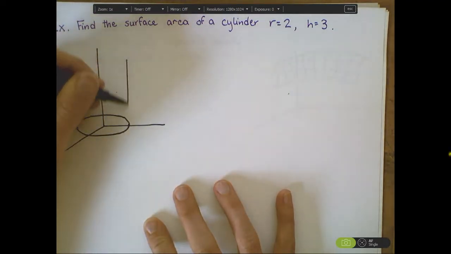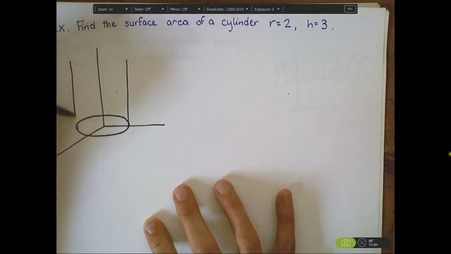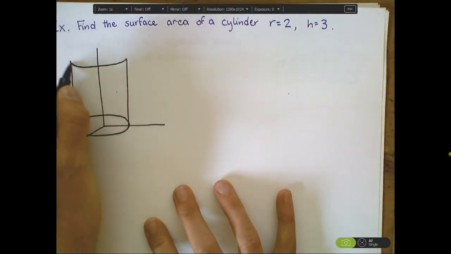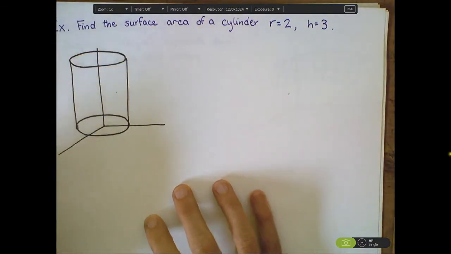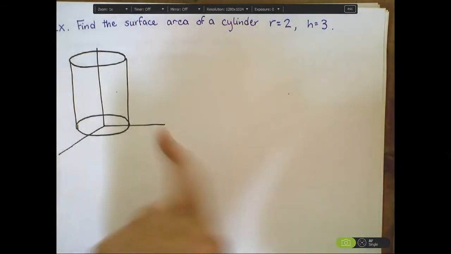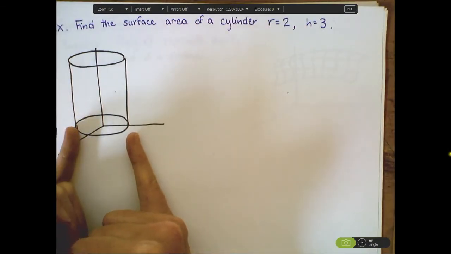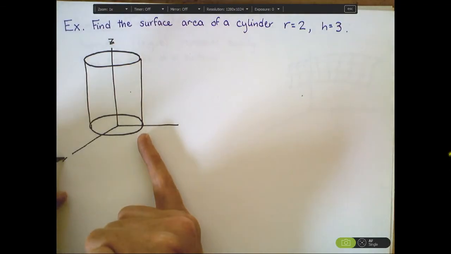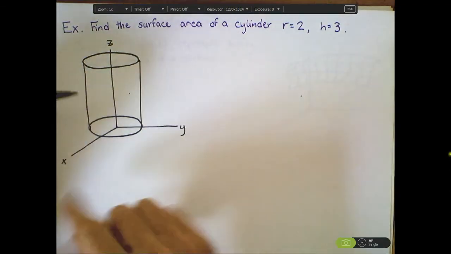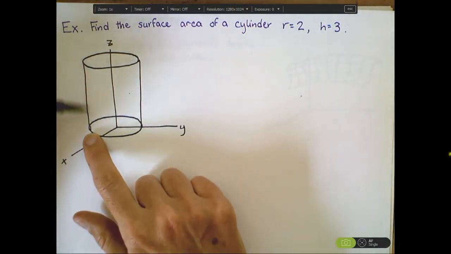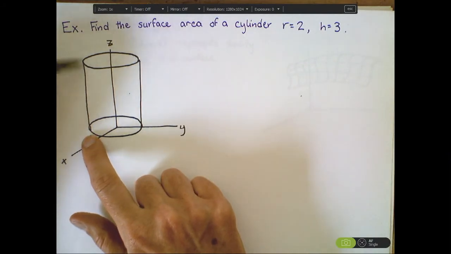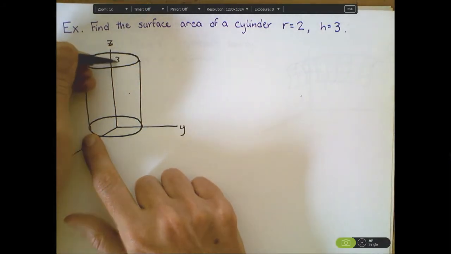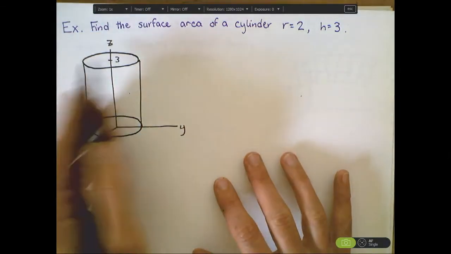I think the easiest way to parameterize it is to notice that we have a fixed radius. The radius isn't changing as we draw this picture. This is my z, my x, my y. So my z values can change. I want my z values to trace out the heights from 0 all the way up to z equals 3. It's just the way that I've set up this function.